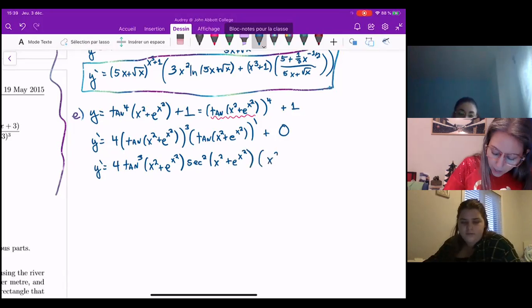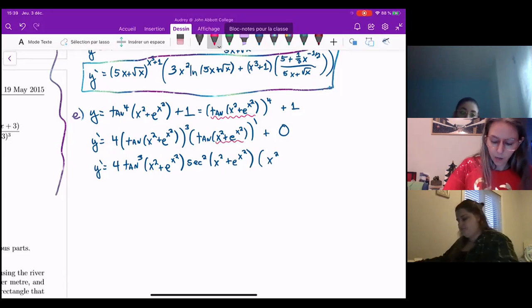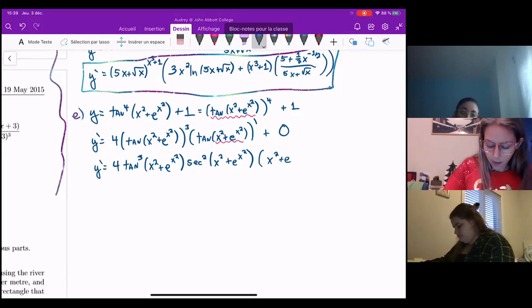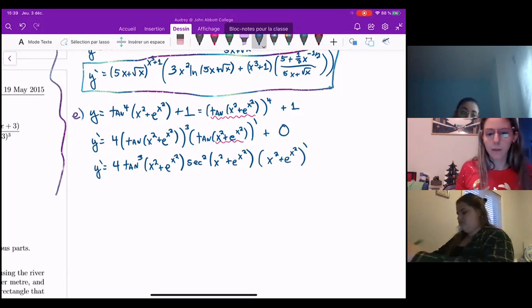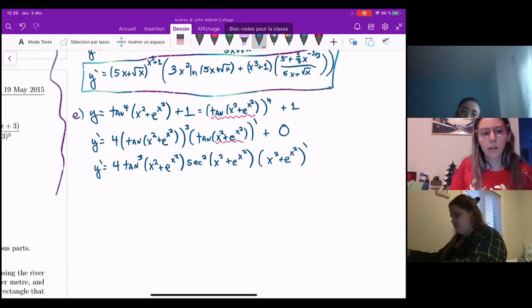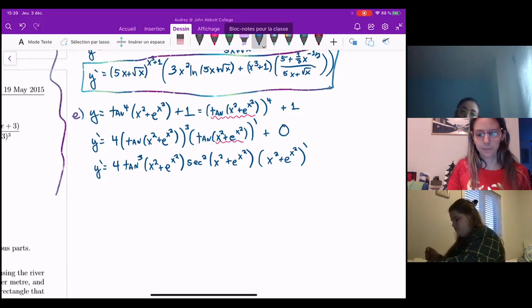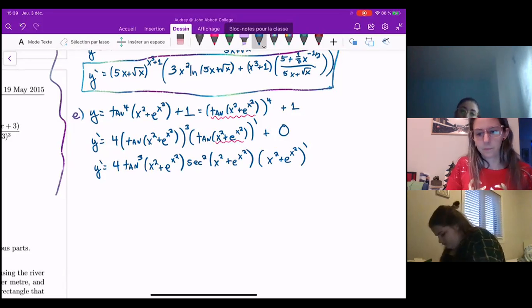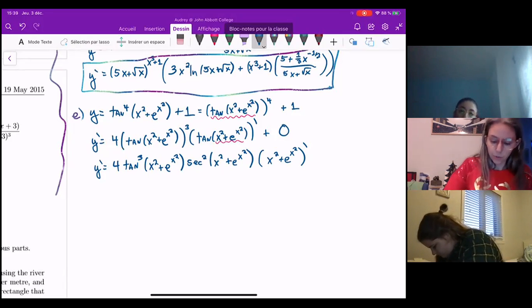Then I pull out that g, so in this case, the g is like that x squared plus e to the x squared, and I'm priming it. Do I have any chain rules left there? Good job. I have this extra x squared up here, so that's going to be one last little chain rule.